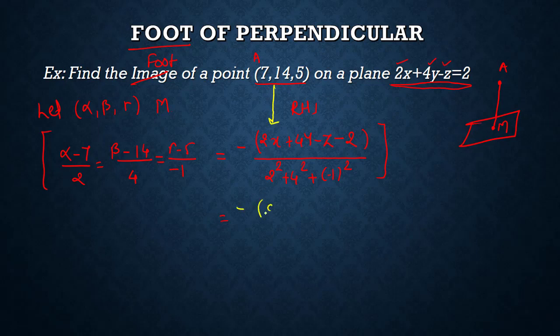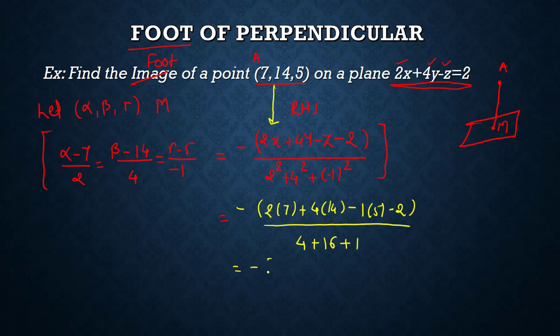So it becomes minus of 2 into 7 plus 4 into 14 minus 1 into 5 and minus 2, whole divided by 4 plus 16 plus 1, which equals minus into bracket 14 plus 56 minus 5 minus 2, divided by 21. You get 14 minus 7 is 7, 56 plus 7 is 63, divided by 21.